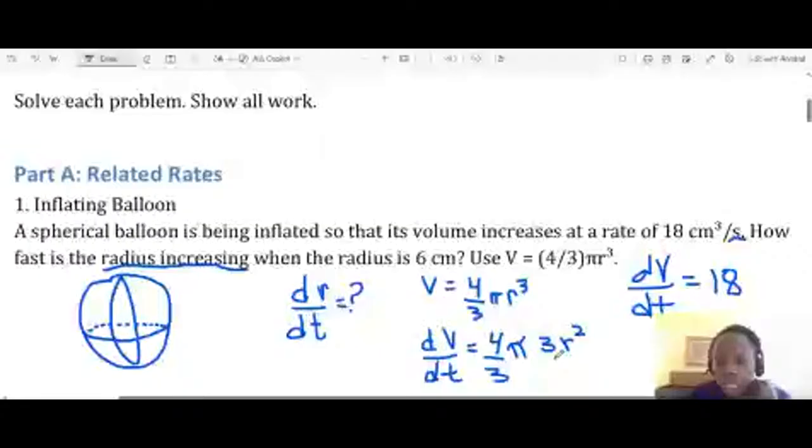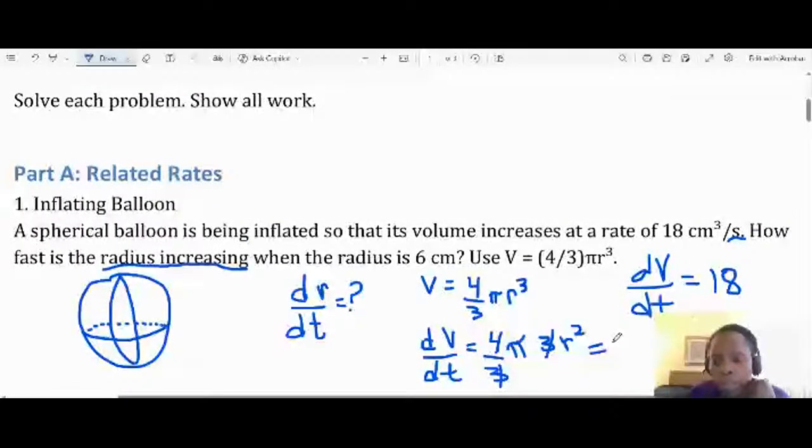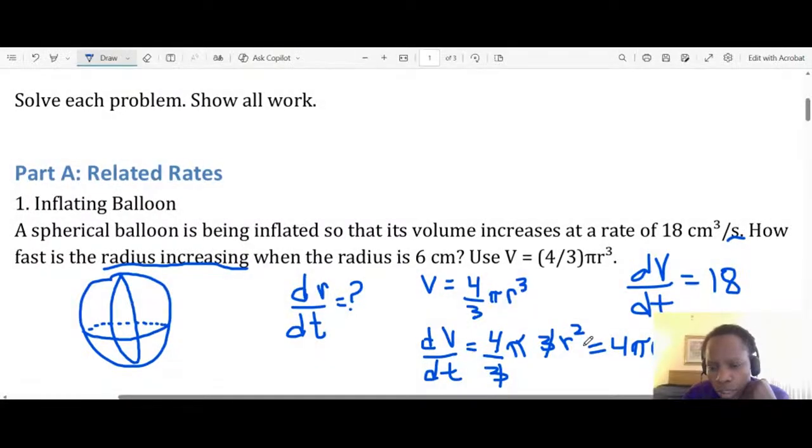Okay, we can take that 3/3: you're multiplying by 3 and you're dividing by 3. It's almost like you're not doing anything. That's a ratio of 1. And so you're going to be left with 4 pi r squared times dr/dt as well, right?